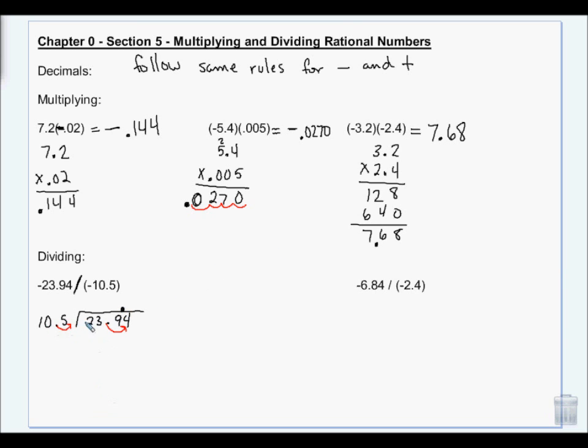So I have 105 into 239.4. Well, that's going to go twice, which is going to be 210. Which will go twice. Add a 0. And that will go 8 times. And I had a negative divided by negative, so my answer is positive.